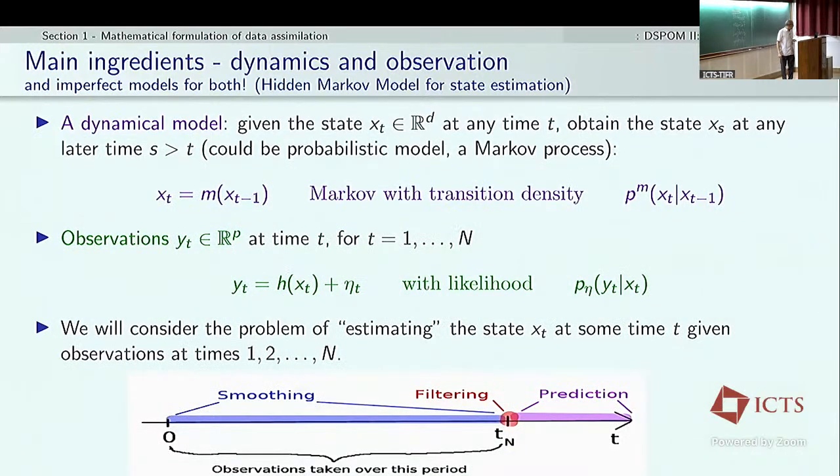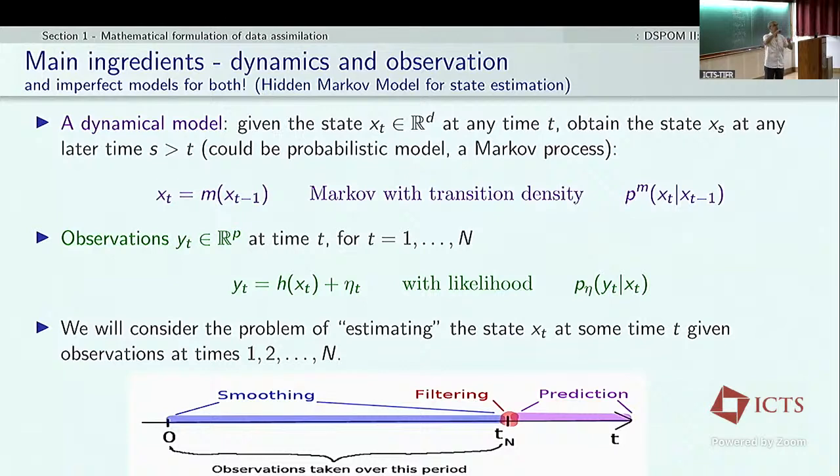Okay, so this is what we have: a model which will be a Markov model, observations with additive noise. And what do we want to predict? We want to basically get the state of the system. Essentially, there are three types of problems. If you have observations going from time 0 to n, and you want an estimate of the state between 0 and n, it's called smoothing.